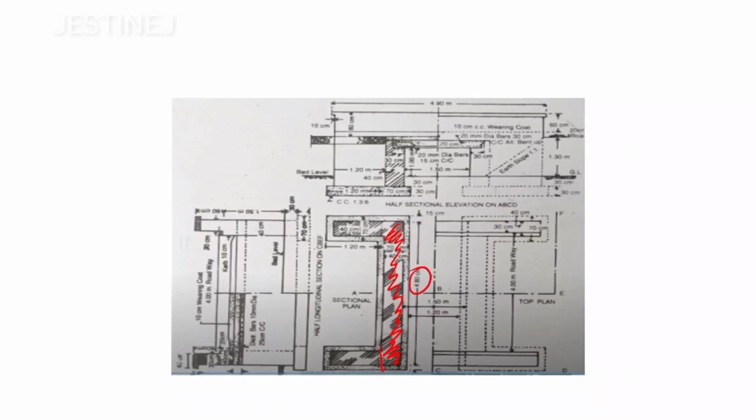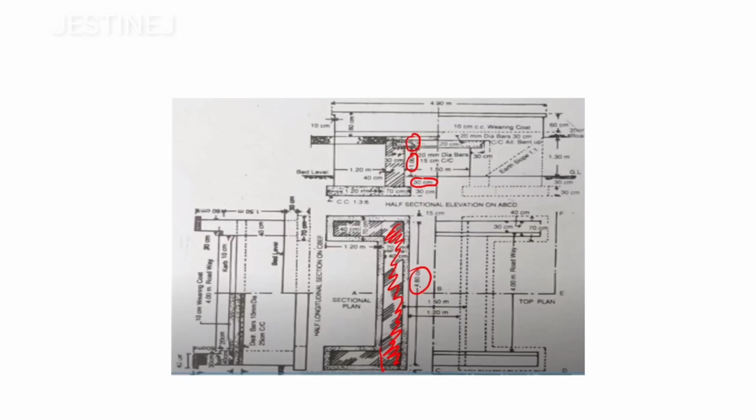The length is going to be 4.8 meter. And what about the height? If you observe clearly, this is 30 centimeter, then 100 centimeter is provided, then 20 centimeter is provided. Actually here, this brick portion is only up to a certain portion. After that, a slab is provided.